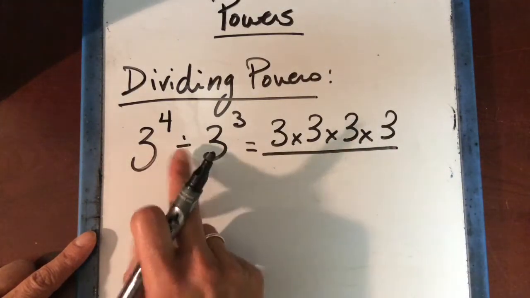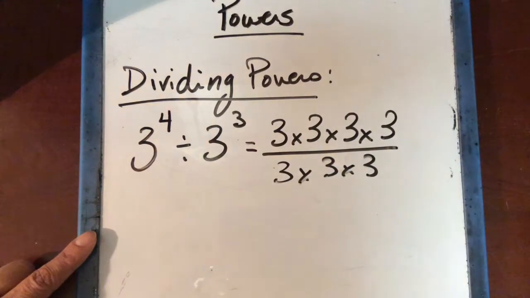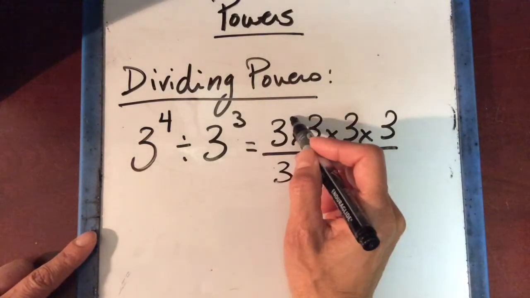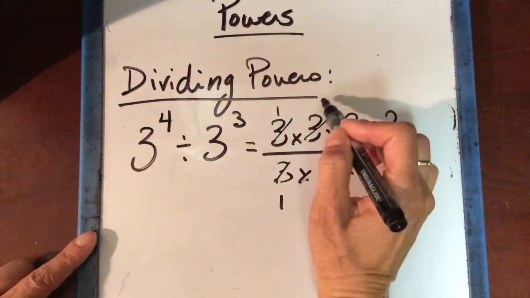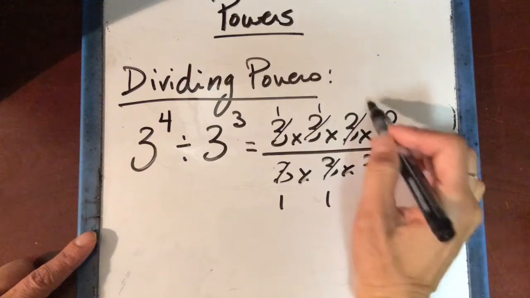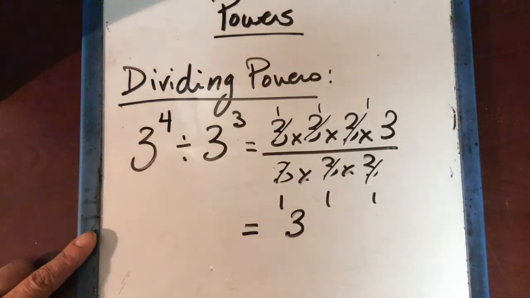It's the same thing, and I divide by 3 times 3 times 3. The way you would normally have done this, you would divide 3 by 3 and you're left with 1. 3 goes into 3 once, and this 3 goes into 3 once, and I am left with one 3. The answer is 3.